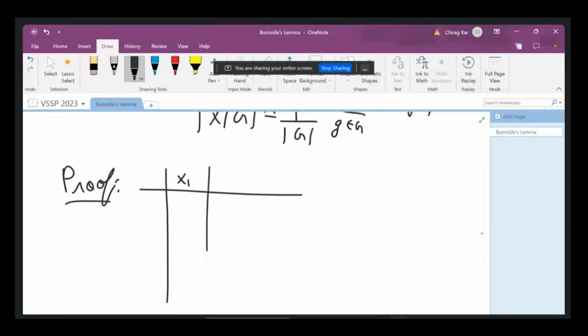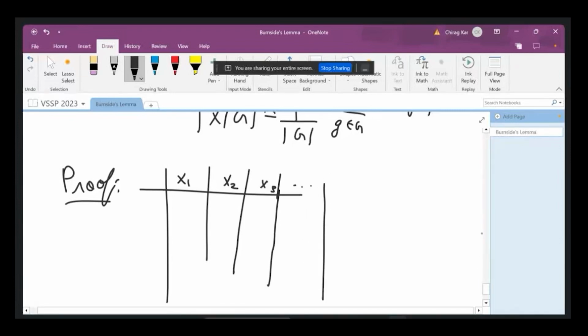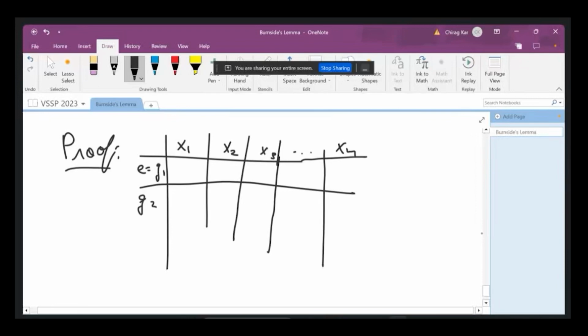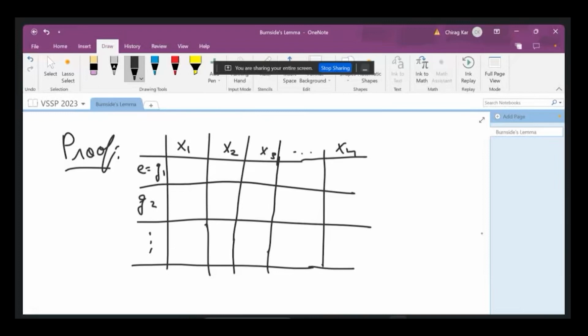We're going to write out all the xi's, x1 up to xm, along the top, and write out all the group elements in the columns, denoting the identity by g1, for example, up to gn.